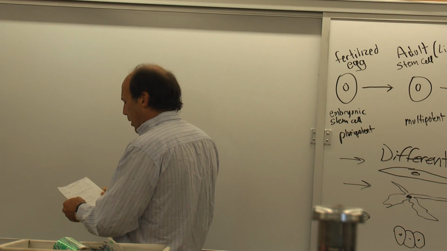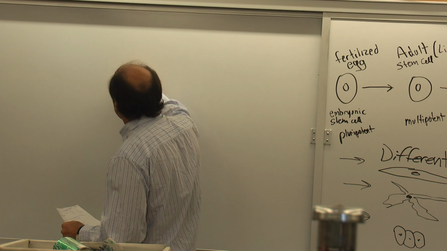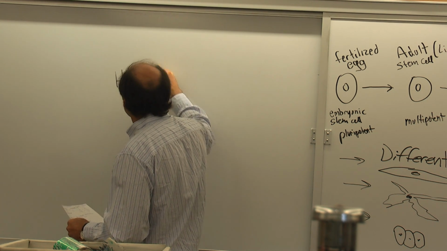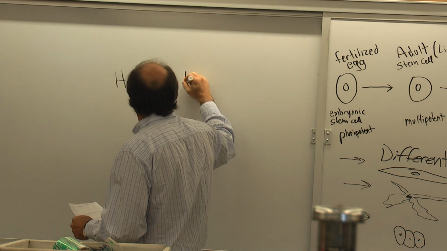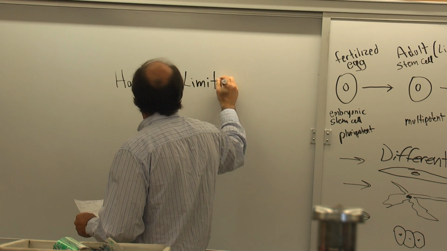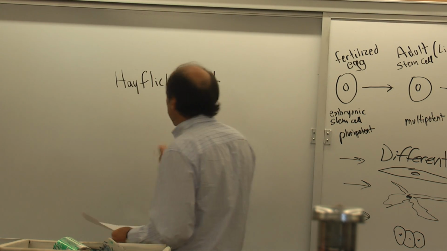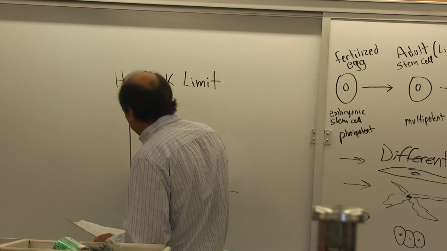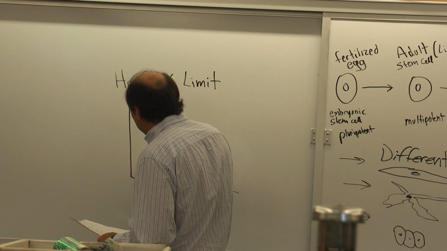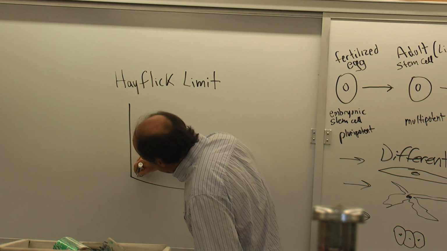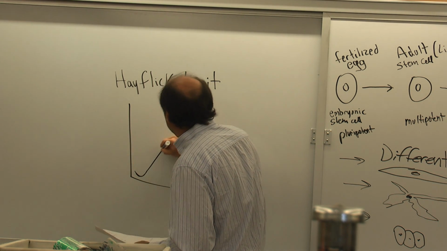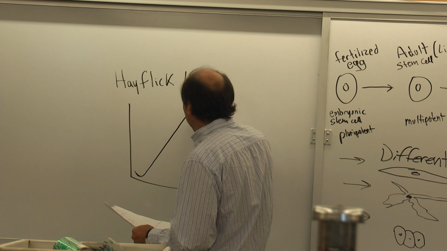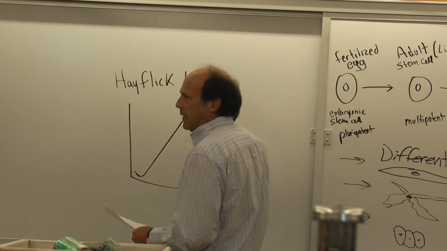So anyway, Hayflick came up with this idea of the Hayflick limit. Basically, you isolate cells initially, and they need to get going in the culture, so the number might dip a little bit, but then they're going to take off in cell number, and then they're going to plateau.